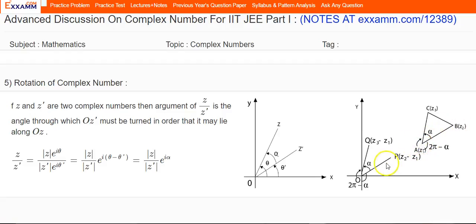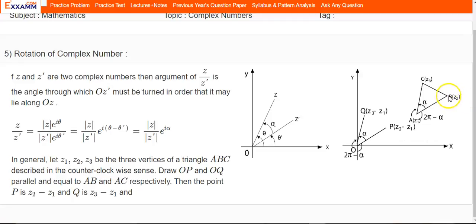Now if we transfer these 2 points B and C to P and Q in such a way that OP is equal to AB in length, and it is parallel to AB. So we have just kind of dragged this line here, and similarly we have dragged this line AC here, and A has shifted to O. So we have taken this particular triangle and have dragged it like this to the origin.